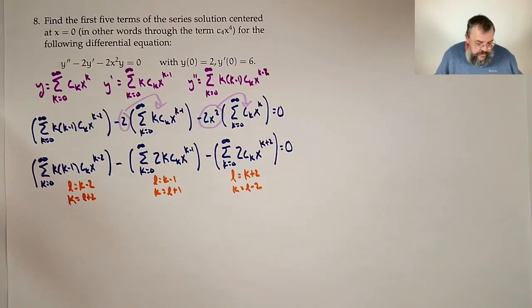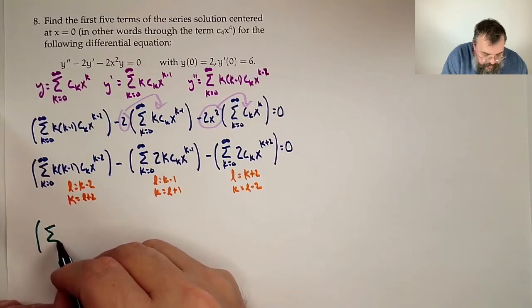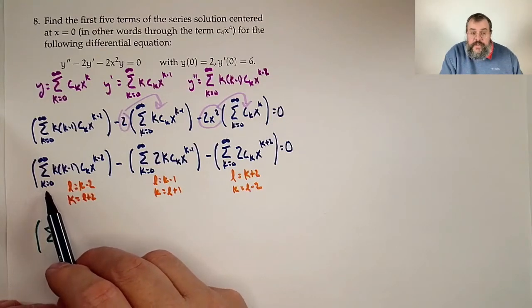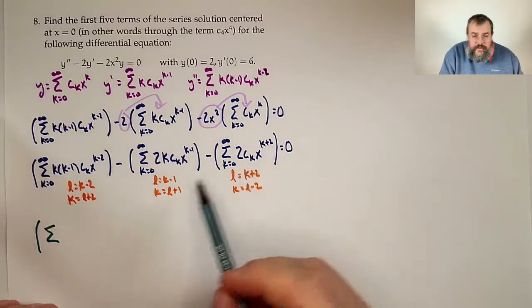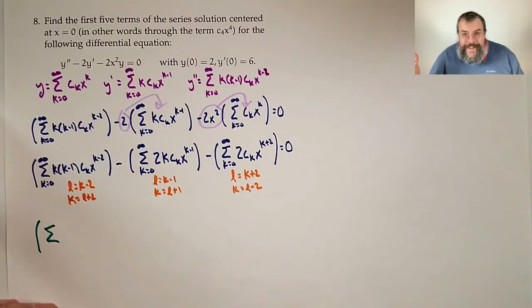All right, so what do we have? Well, this is also a step where it's easy to make small mistakes. So remember, everything's being changed. All the k's are moving to all L's, or whatever symbol you like. There's nothing sacred about k's and L's.